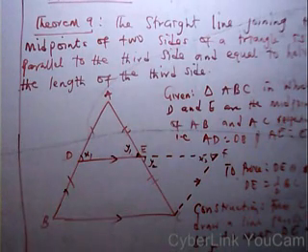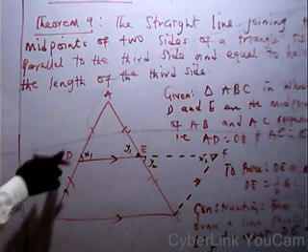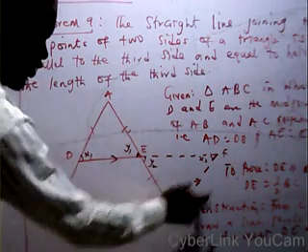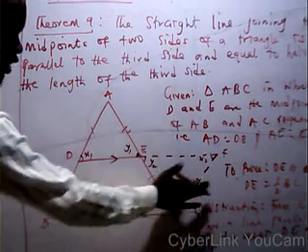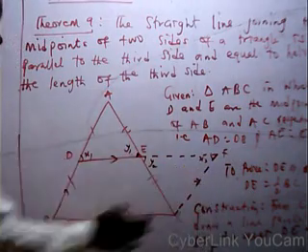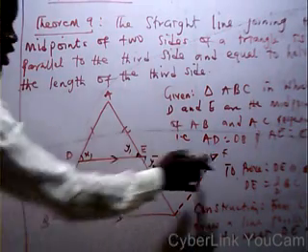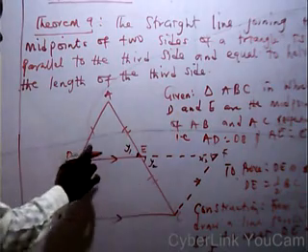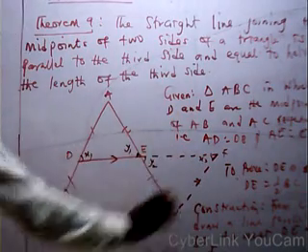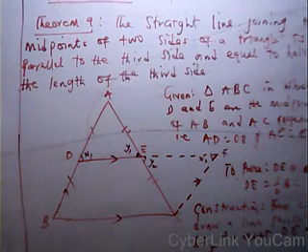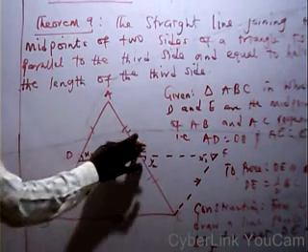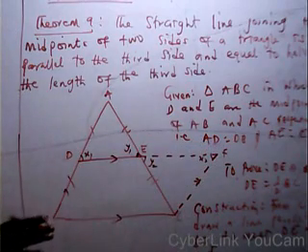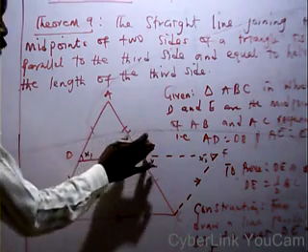From here, we notice that our DB is equal to CF, that is parallel side of a parallelogram. Not just that, our DF is equal to BC, another parallel side of a parallelogram. Now, we know that our DE is equal to EF.